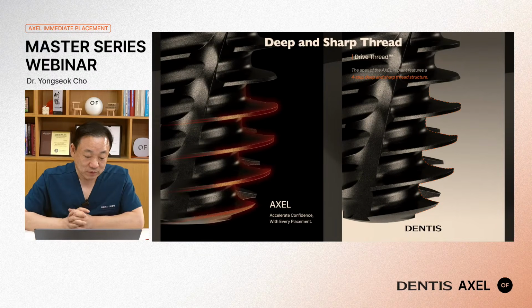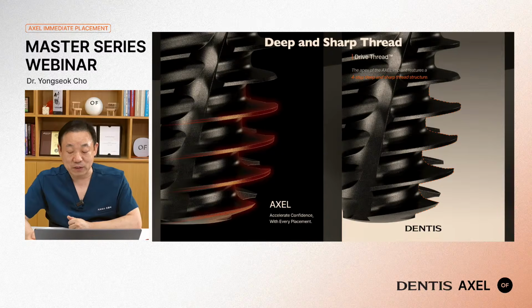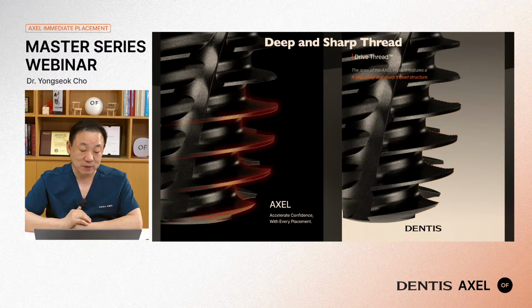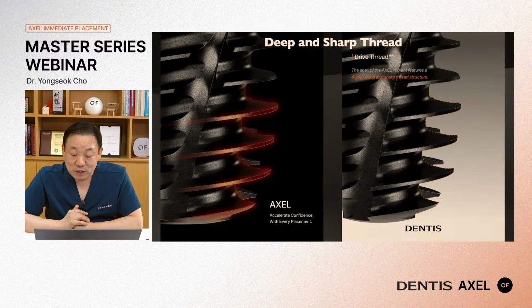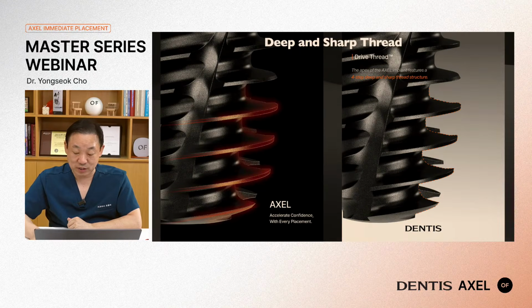It features a deep thread with excellent self-tapping ability, allowing smooth insertion and reliable insert stability, even in situations such as immediate implant placement after extraction, or where available residual bone is limited and the apical bone is dense. In this situation, you can utilize the advantage of this implant system.